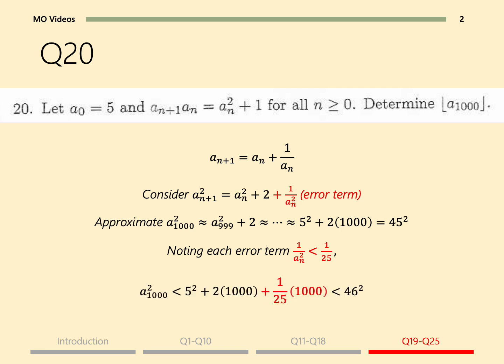And so we can obtain an upper bound for a_1000 squared as 5 squared plus 2 times 1000 plus 1000 over 25. And we notice that this number is less than 46 squared, so that a_1000 lies between 45 and 46 and therefore has a floor of 45.